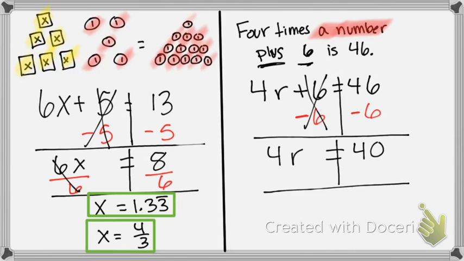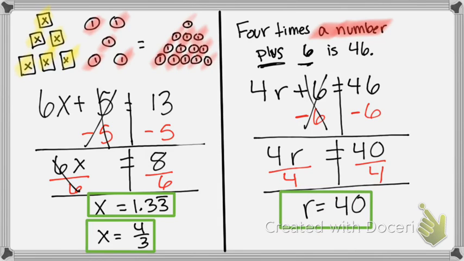In this case, we have a 4R. We can divide by 4. That's our second step, and our answer is going to be 10. In this case, it can be R equals 10. It can be X equals 10. They just said a number, so any letter can represent a number. In this case, we chose R, and R is equal to 10.